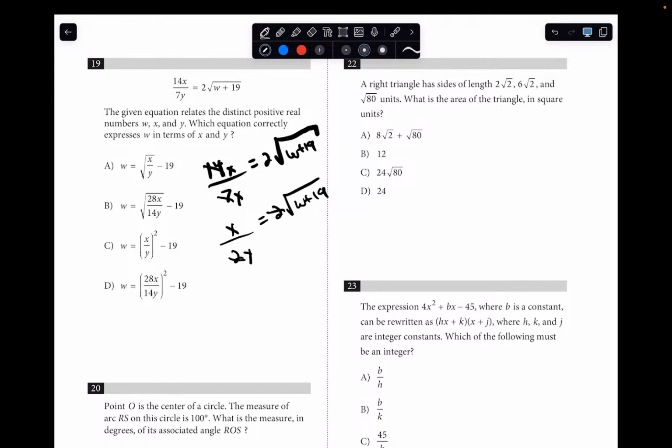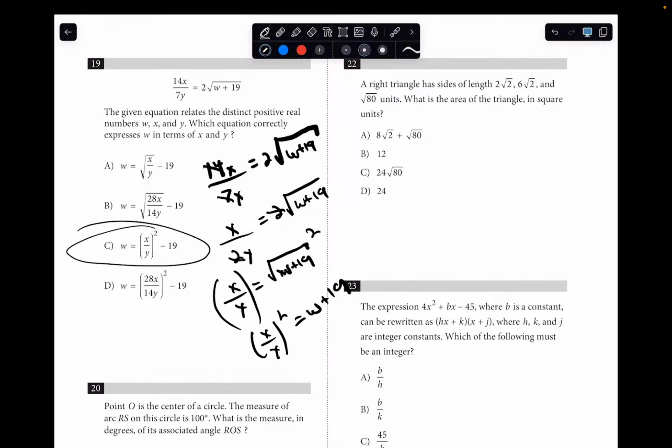These actually cancel. So now I'm just down to x over y equals square root of w plus 19. Square both sides. I get x over y squared equals w plus 19. Rearrange the w, get x over y squared minus 19, which is w. It's just manipulating the equation.